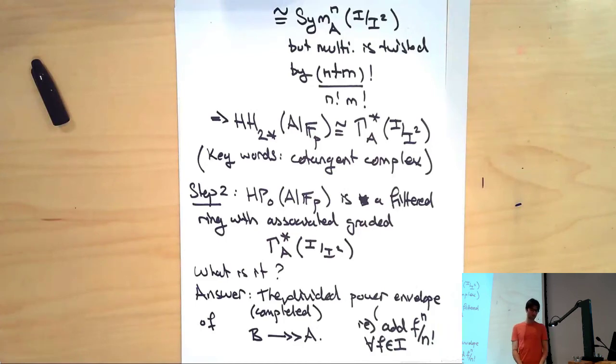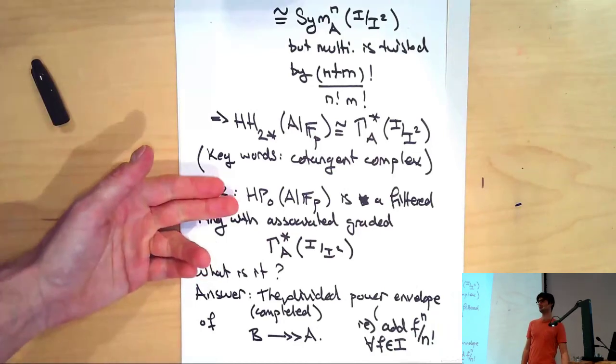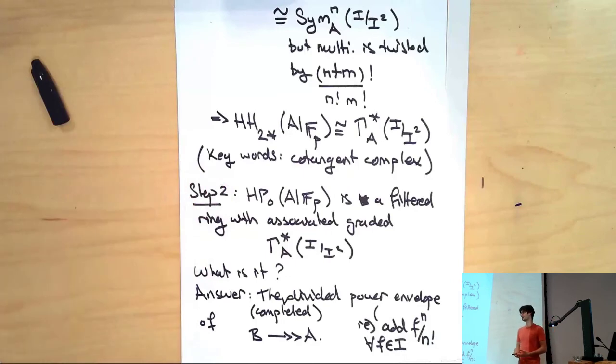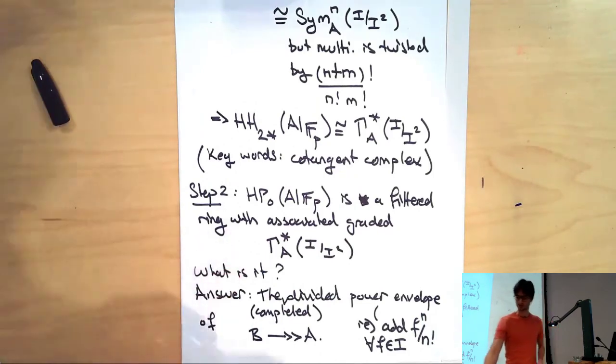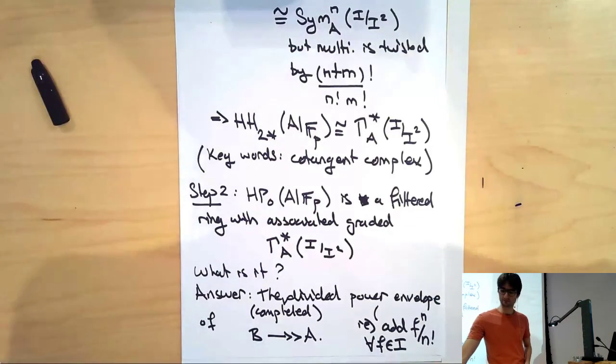So by using this type of argument, one should be able to construct lots of divided powers sitting in HP0 of these types of rings, and then using the universal property of the divided power envelope, should be able to construct a map into it and explicitly check that it's an isomorphism. But so far, this sort of hands-on local proof has not yet been carried out, but I'm reasonably convinced that it should be able to be done.